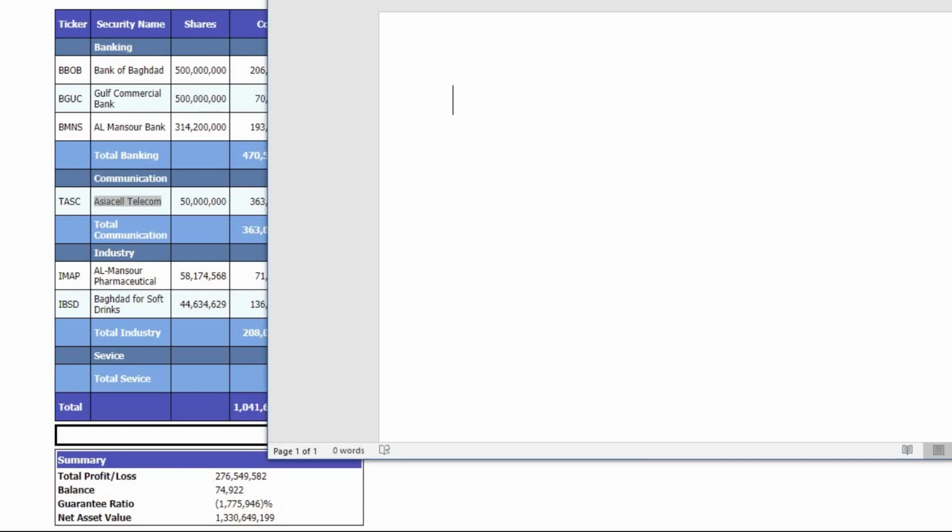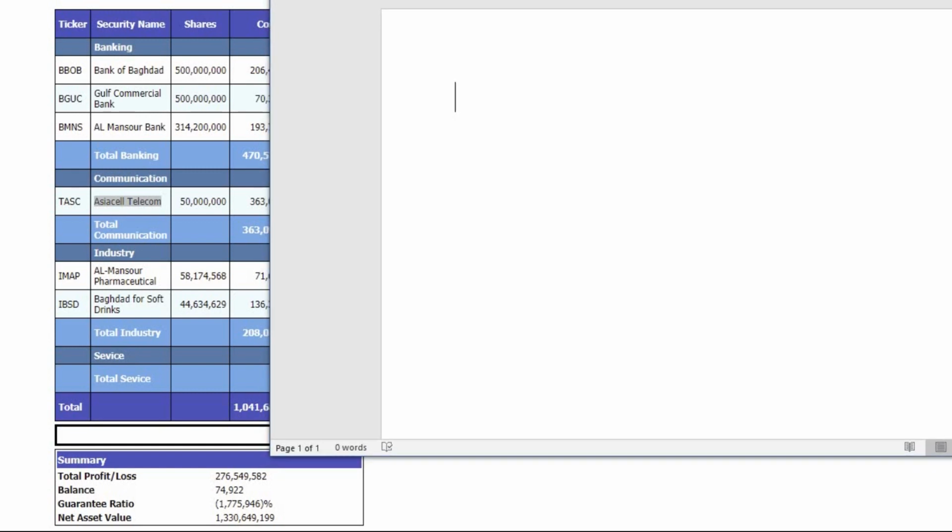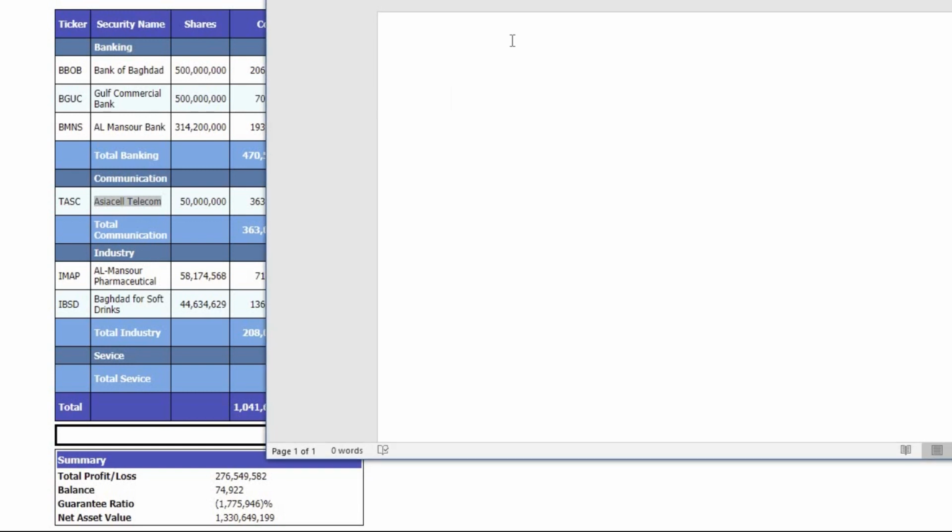Okay, so if they give you 1 dinar per share, we have 50 million shares. We would have as a dividend payment $50 million.